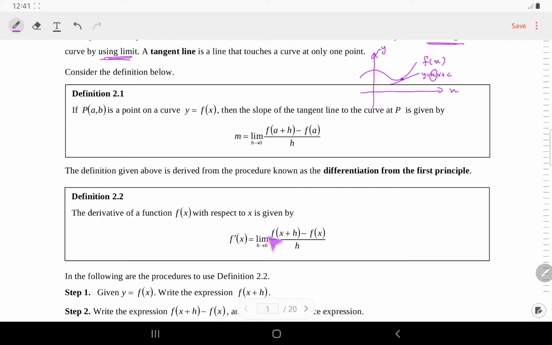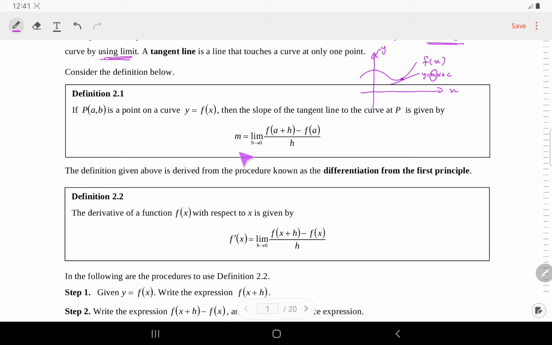What's the difference between these two equations? You can see the difference is we just change the unknown a into x, and m is equal to f prime x.